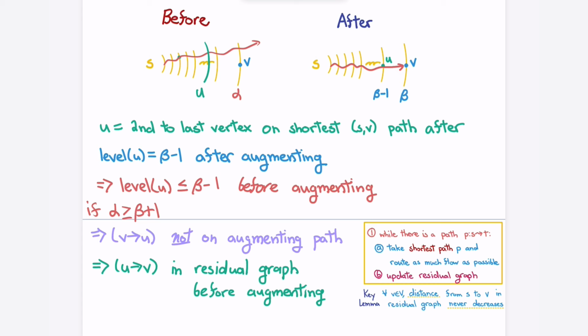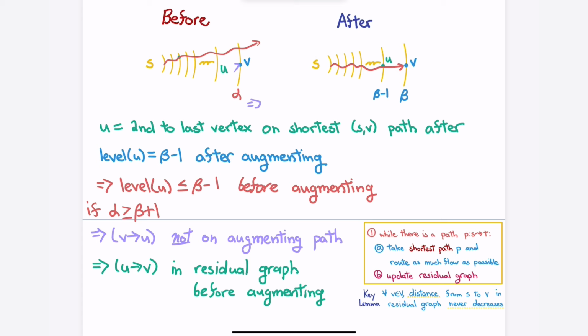And that means u to v, since u to v appears in the graph afterwards, and we didn't use v to u last time, so u to v had to be in the graph before as well. But then that would imply, there must be one edge, so we must have something like this.